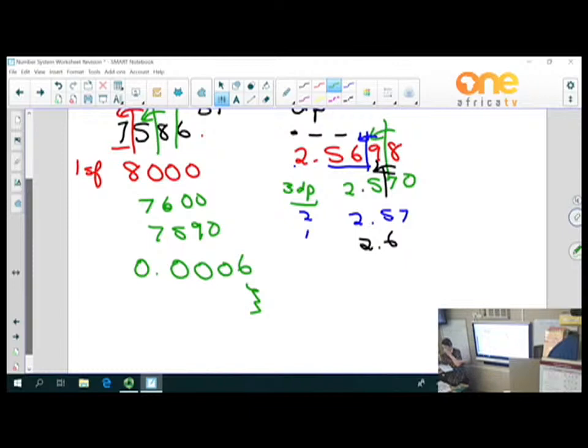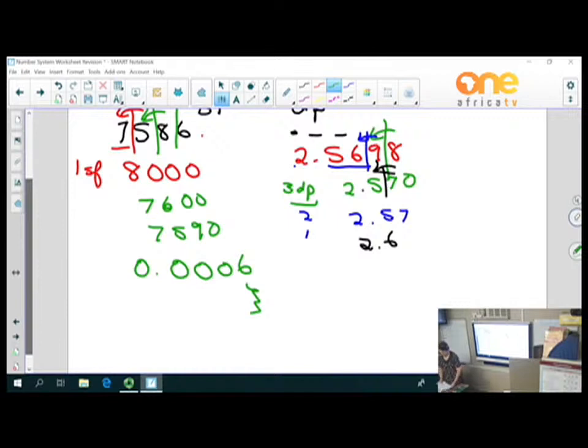Okay, open your textbooks now on page 23. There you will look at place values. People, this is something you did since grade 1 or 2. You started with place values and rounding. This is what we have on page 23. Now I want us to try now 19 orally, to make sure we understand this.